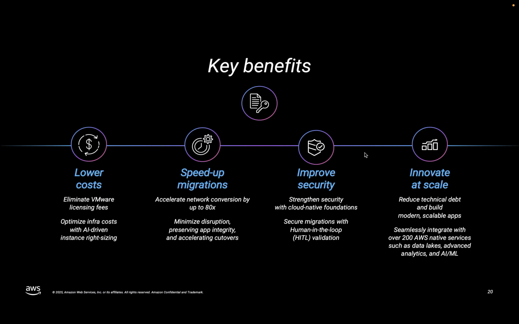So you can innovate at scale because you can modernize applications automatically, because the LLMs understand how to go ahead and rewrite the applications and integrate with all the AWS native services. So extremely powerful tool, state of the art, recently launched, to help VMware customers migrate and modernize their workloads within AWS.